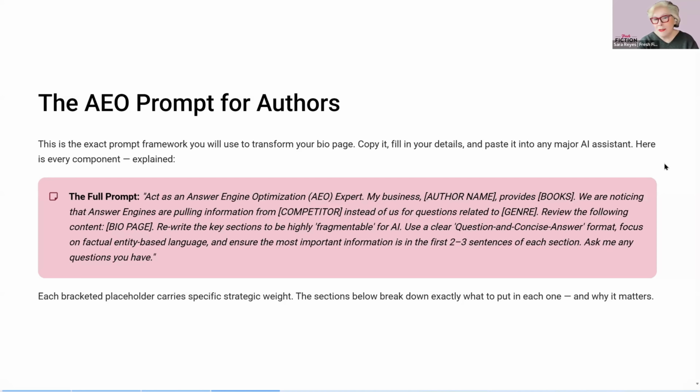Provides books, audiobooks, whatever. It's usually books and audiobooks. You could put in ebooks if you want, but it's books, selling books. We are noticing that the answer engines are pulling information from a competitor.